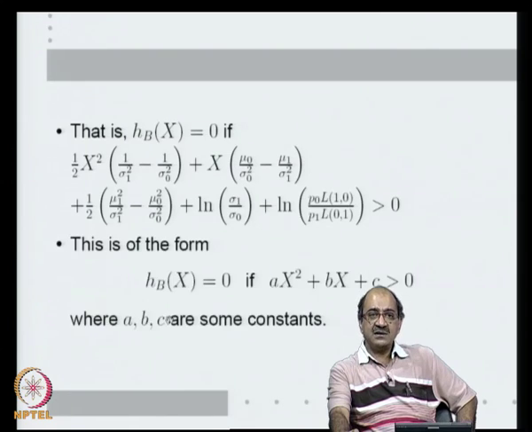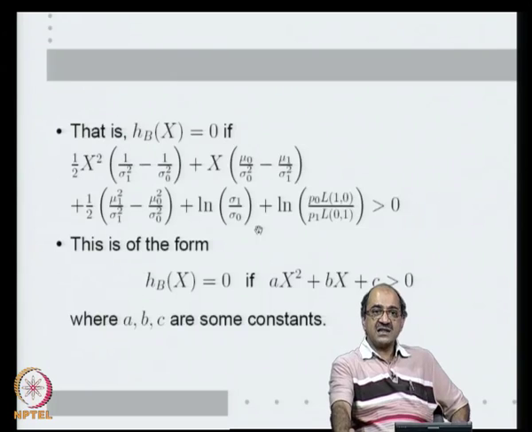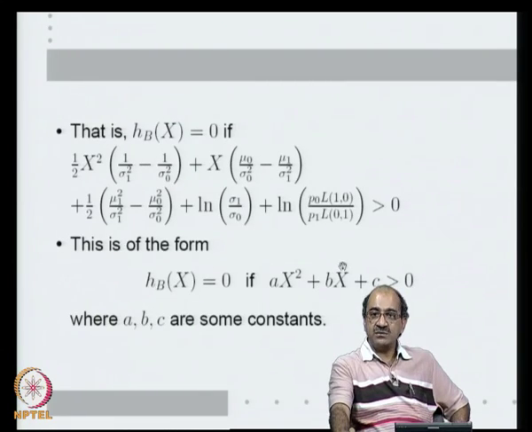What is this expression? This expression is simply a quadratic expression. What it means is that I am saying h_B(x) equal to 0 if ax square plus bx plus c is greater than 0, where a, b, c are constants that depend on the underlying class conditional densities, they depend on mu 0 and sigma 0 and also on the loss function and the prior probabilities.